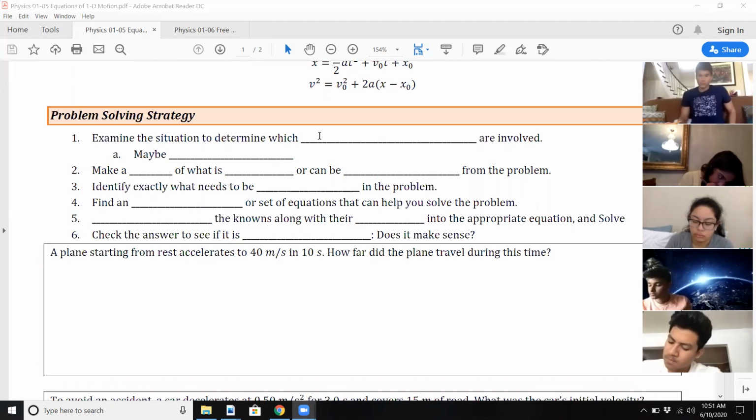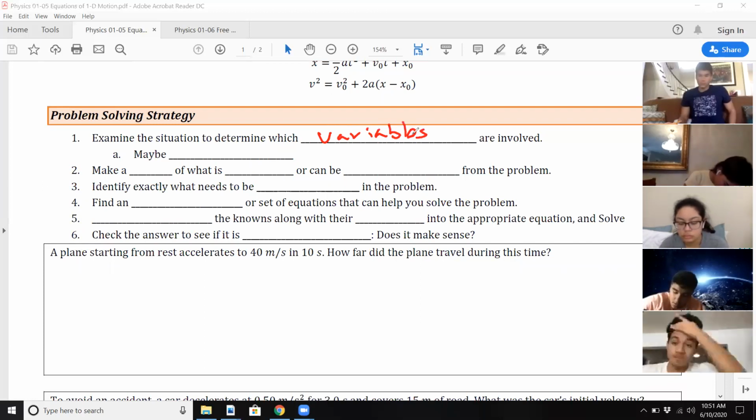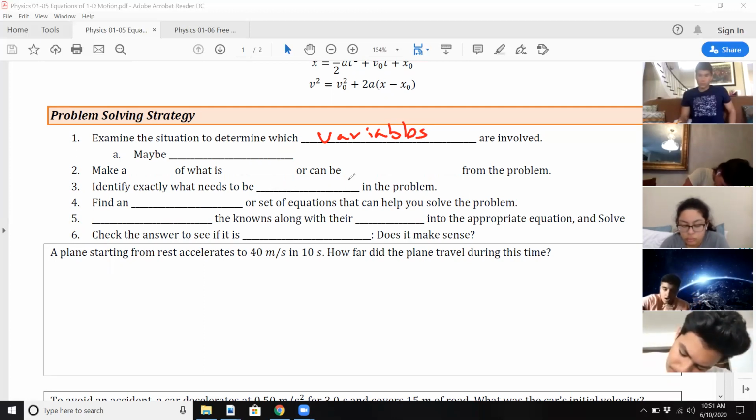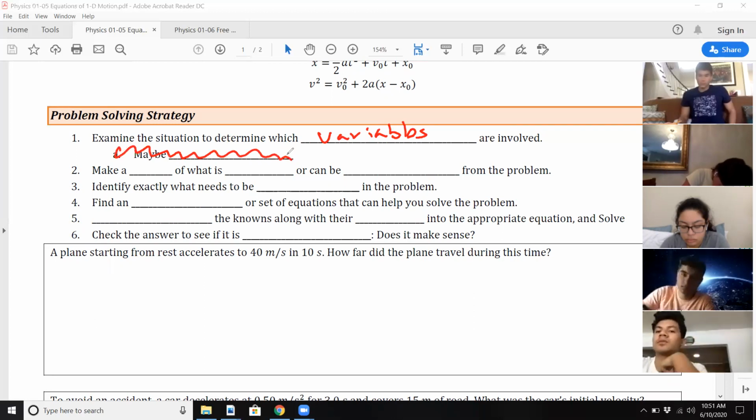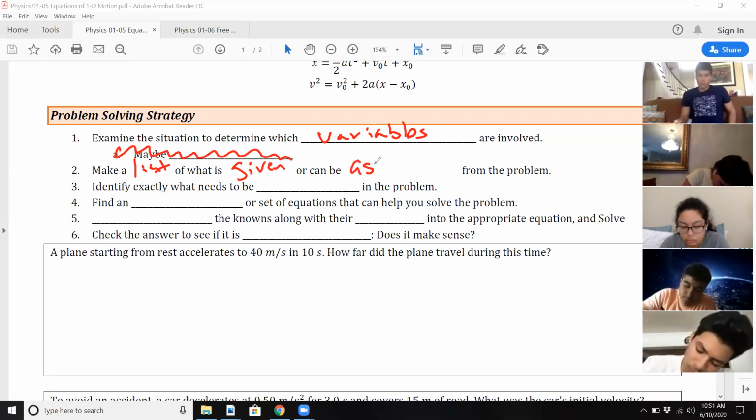So the exams are to determine which variables are involved. I'm just going to get rid of that. Make a list of what is given or what can be assumed from the problem.